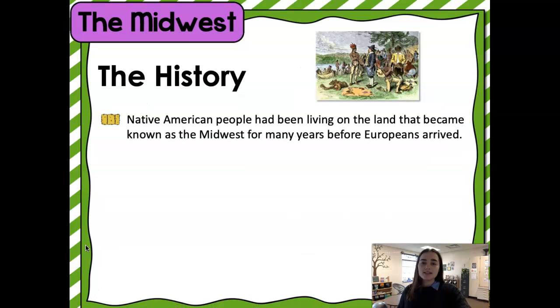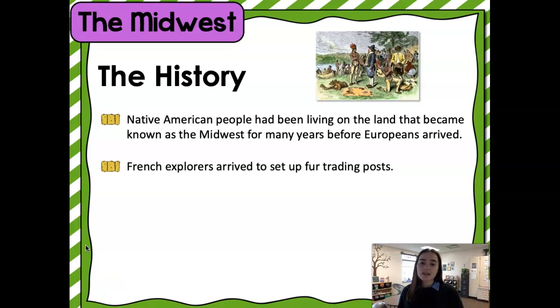The Midwest is known for its history, its production, and its land use, and we're going to learn a little bit about that today. Native American people had been living on the land that became known as the Midwest for many years before Europeans arrived, and this is true for every region of the United States.